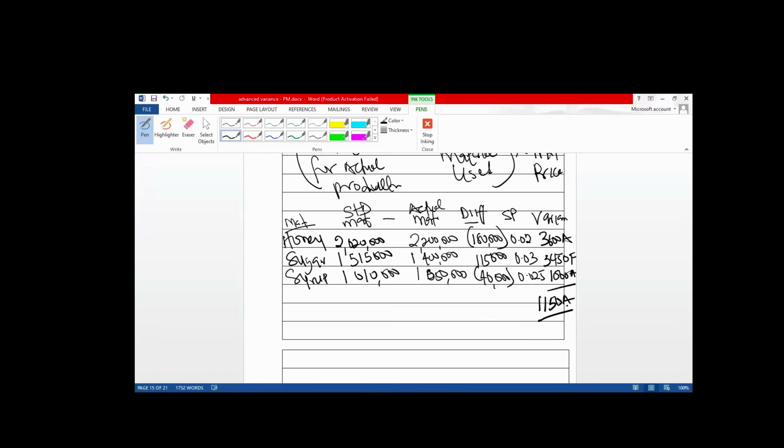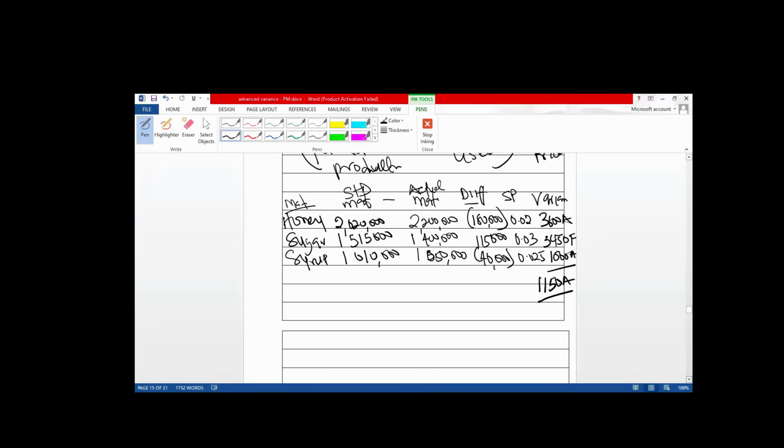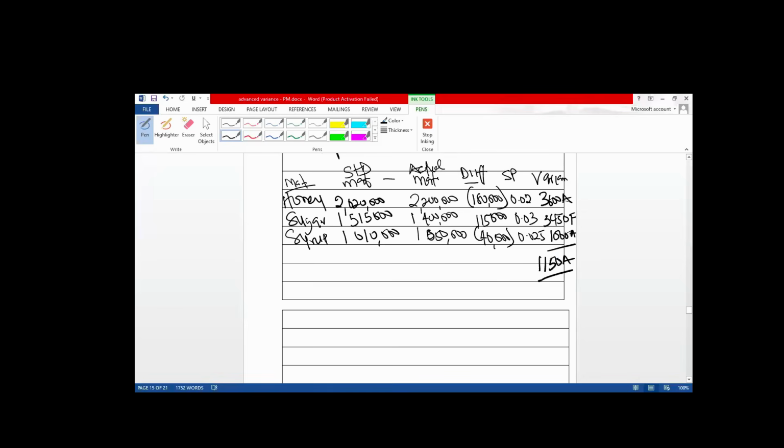We now want to subdivide into material mix and material usage variance. Even though I don't want to go extra, I want to at least solve this material mix and material usage for you. Material mix variance. The formula is, first pick your material.